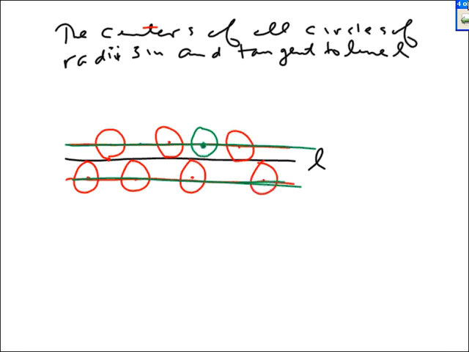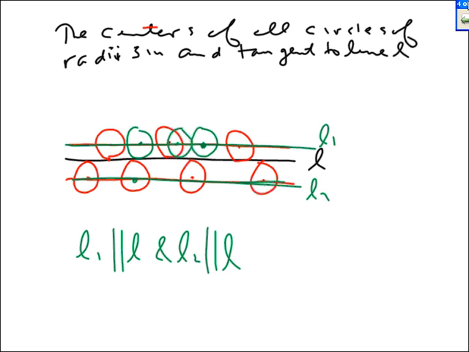But every point on this line has a circle of radius 5 that's tangent to line L. So it's line L1 and line L2. Line L1 is parallel to L, and line L2 is parallel to L, and the lines are 5 inches apart.